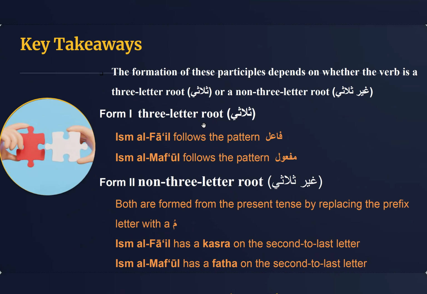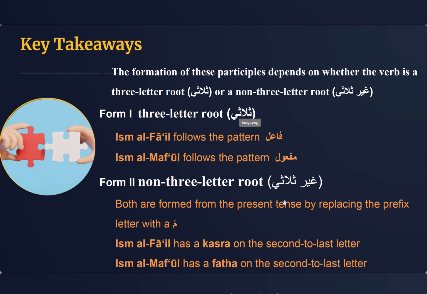If it's ismu fa'il, then it follows the pattern of fa'il. If it's three letters, and if it's ismu maf'ūl, then it follows the pattern of maf'ūl. So these two things, fa'il and maf'ūl, we do it for the past tense, fi'l madi, and only for thulathi.